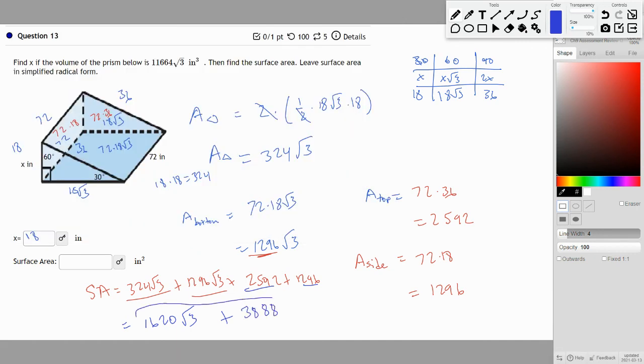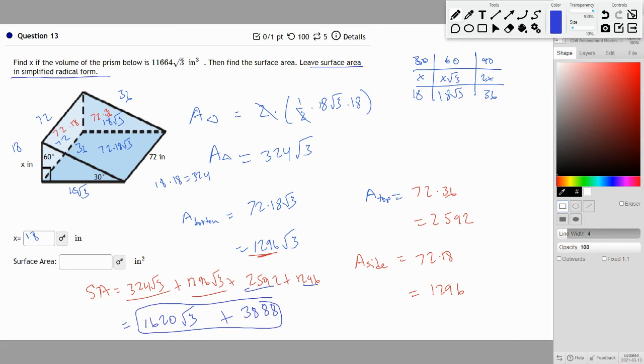This is your complete surface area without simplifying to decimals, because it's asking to leave surface area in simplified radical form. So if you just have those root 3s, make sure you leave them as root 3s. Don't multiply it out. If you do and you still get the correct answer, that's fine. You won't get a 10 on the question. You'll just get a 9.3, or sorry, I should say 1 and 0.93. So just be careful with that, okay?